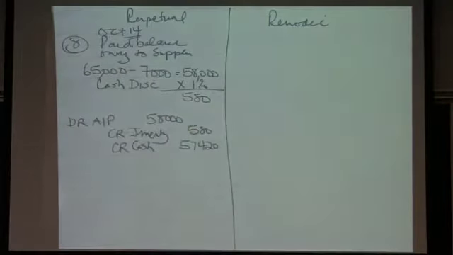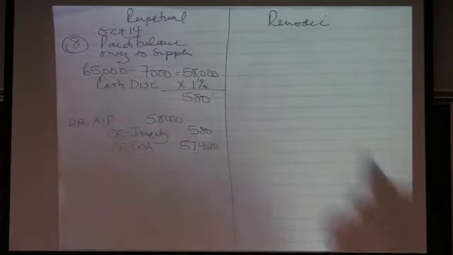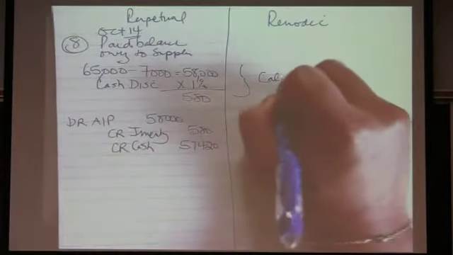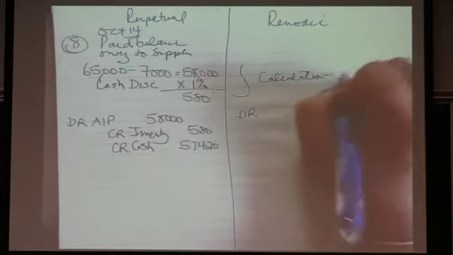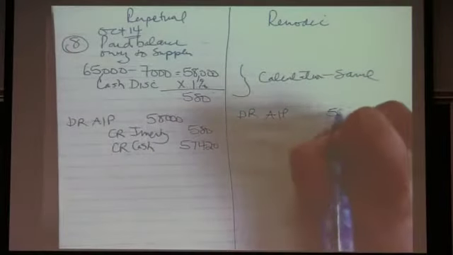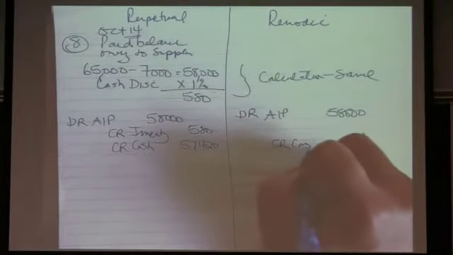Remember, anything related to a purchase of inventory, whether it's a purchase, a discount, a return, all goes to inventory. Now, under the perpetual inventory system, the calculation is the same. The debit to accounts payable is the same. The credit to cash is the same.